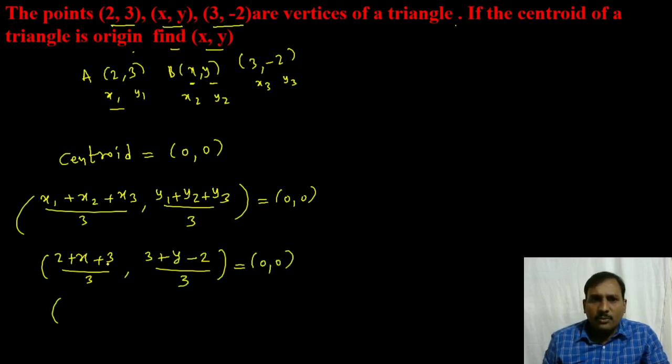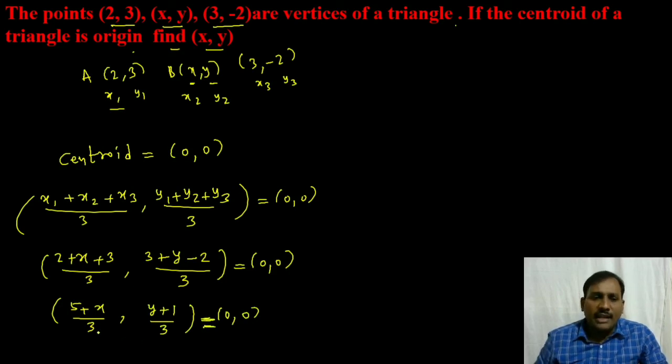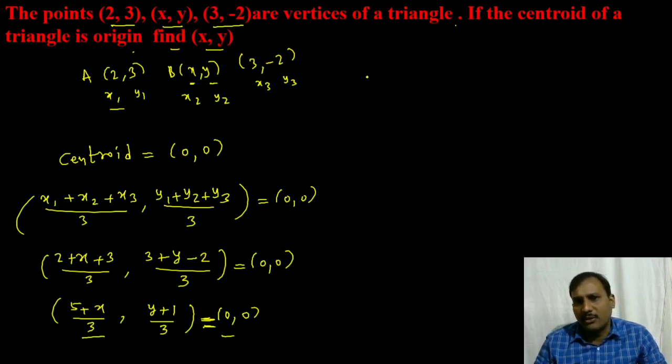Let us simplify: 2 plus 3, 5 plus x, by 3, comma, 3 minus 2, 1, so y plus 1 by 3 is equal to 0 comma 0. These 2 points are equal to each other so we can compare the corresponding coordinates. x coordinate is equal to x coordinate, y coordinate is equal to y coordinate. So what do we get? (5 plus x) by 3 is equal to 0. (y plus 1) by 3 is also equal to 0.